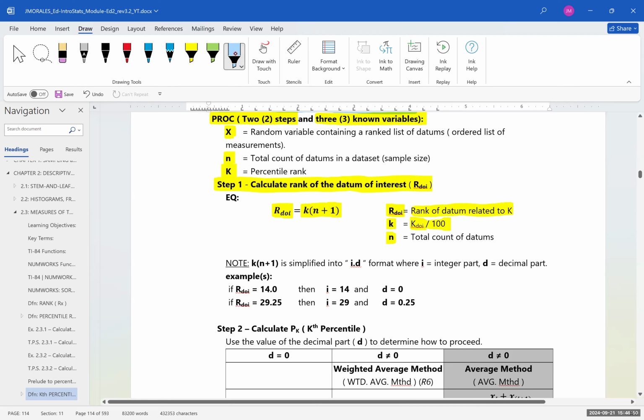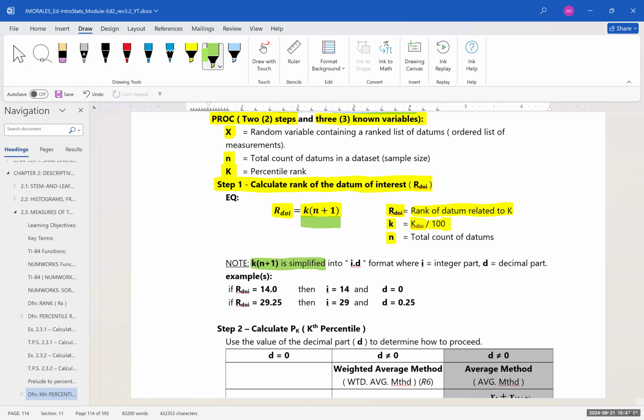Now, an important note is that this part of the formula, k times n plus 1, when that is simplified, it's going to come down to a single number that may or may not have a decimal point in it. And we're going to need to pay attention to whether it has a decimal in it or not. The part to the left of the decimal point, we're going to call that the integer part. And the part of this simplified value to the right of the decimal point is going to be what we call the decimal part.